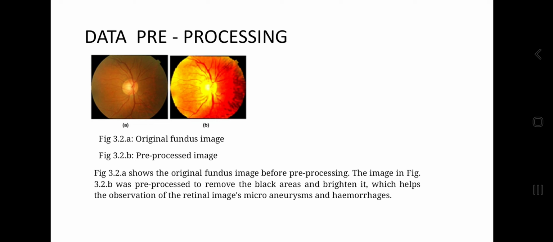What exactly happens during pre-processing is that the black portions in the image are removed using a filtering approach. The primary step in image pre-processing is feature extraction. It is a procedure where the original data's dimensions are reduced in number. It is helpful in representing the original data in an informative way.